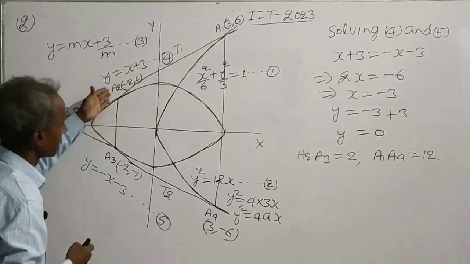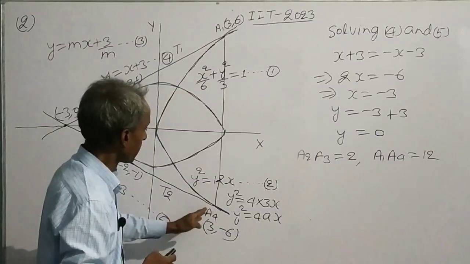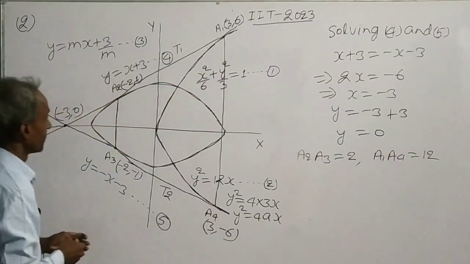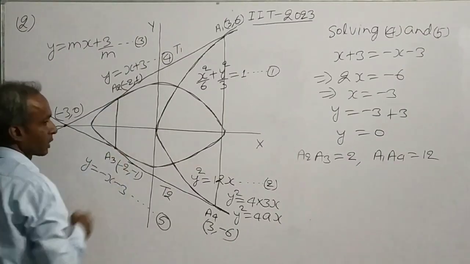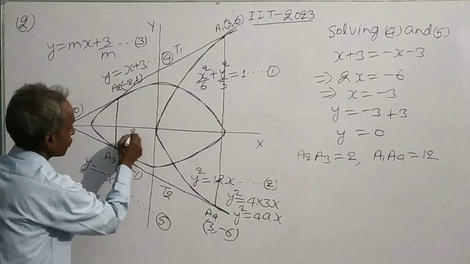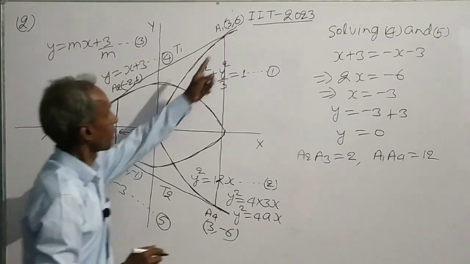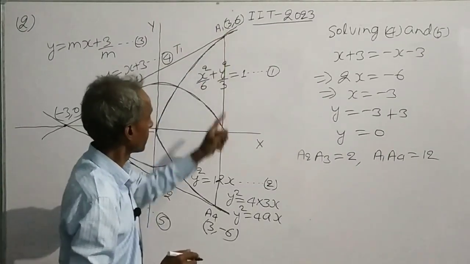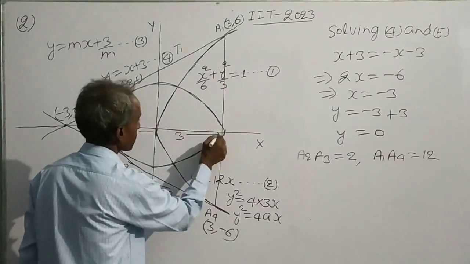The x coordinate of A2 A3 is minus 2, that means this is 2 units distance. The x coordinate of A1 A4 is 3, that means this is 3 units distance.